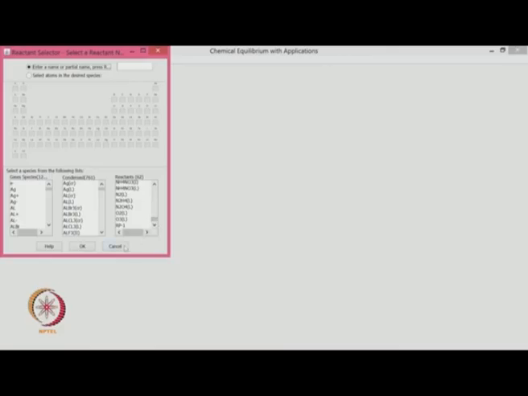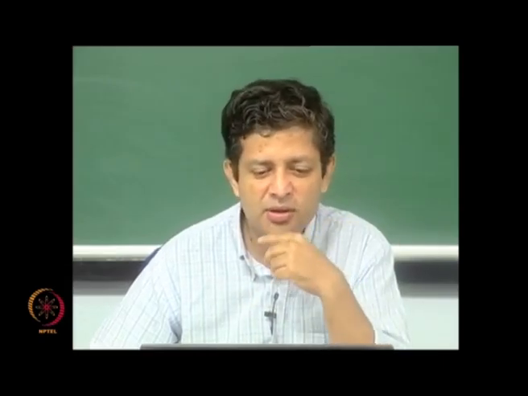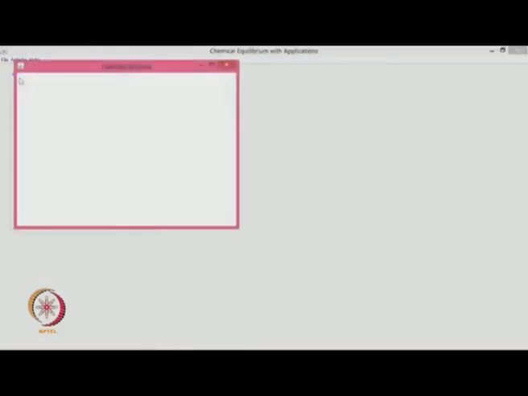So, we will go with liquid oxygen. Both of them are 100%. You can define whether you want liquid oxygen as 50% and some other oxidizer as 50%, that is also possible. So, we will save this, and what you have to do is go to this activity and click on execute CEA.